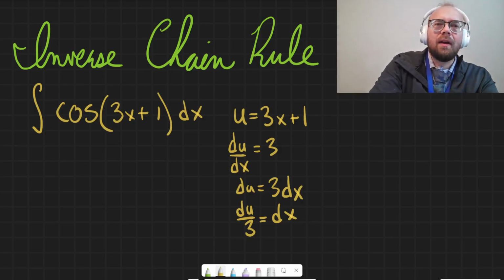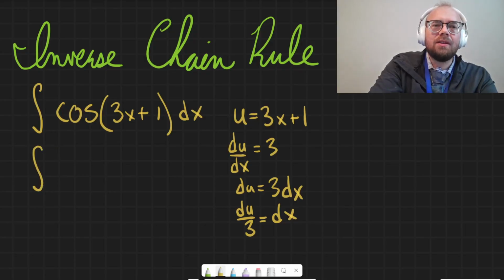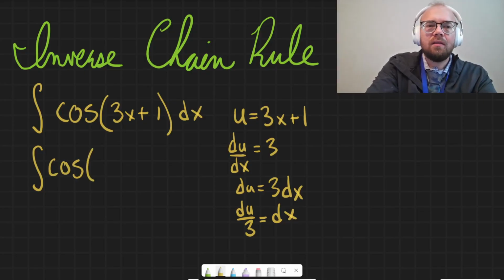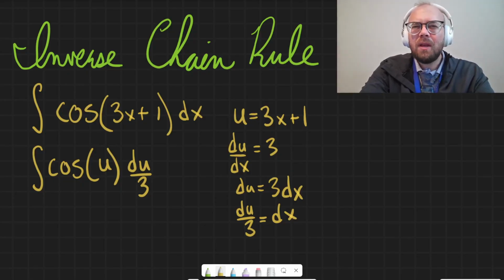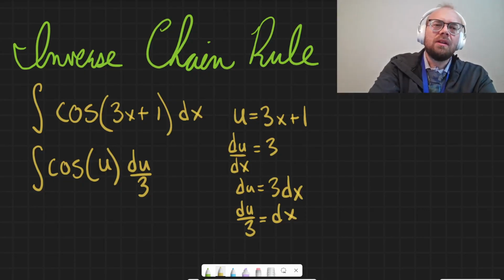And we want to go ahead and plug in our stuff. So it's going to be the integral of cosine of u, and then we're going to sub out the dx with du over 3. We could pull out the 3 if we wanted to, but it's optional.